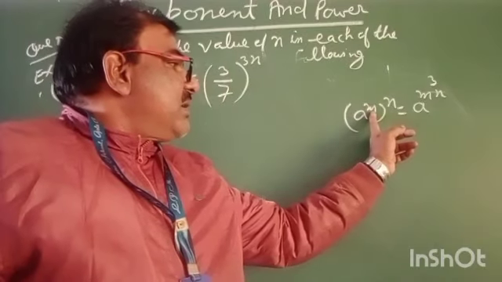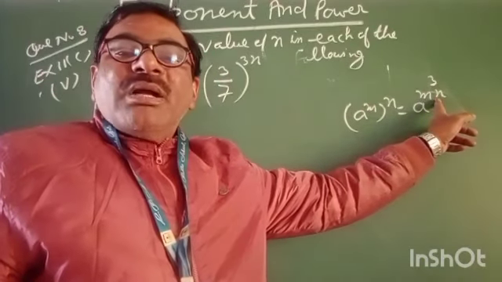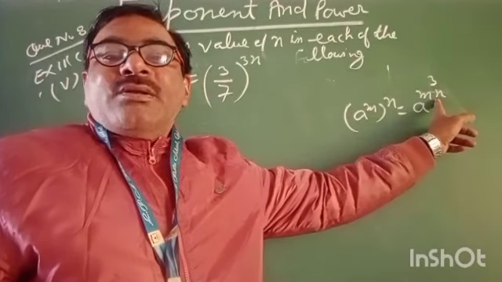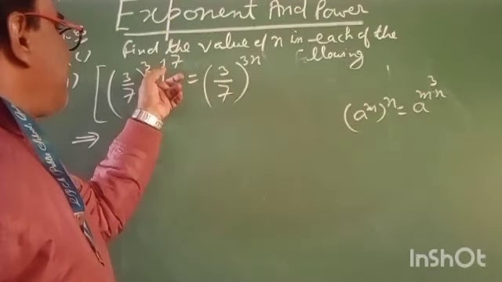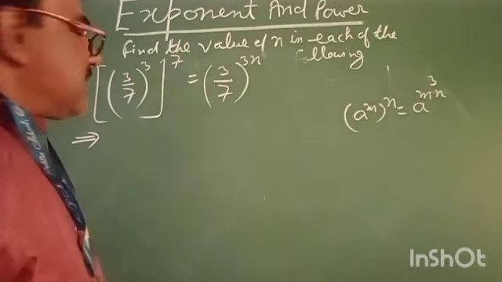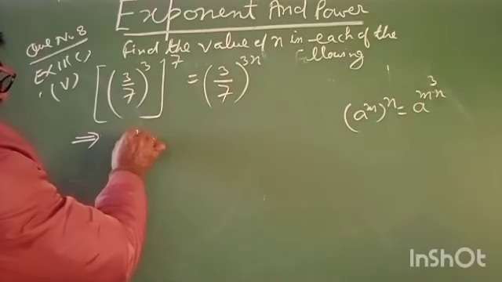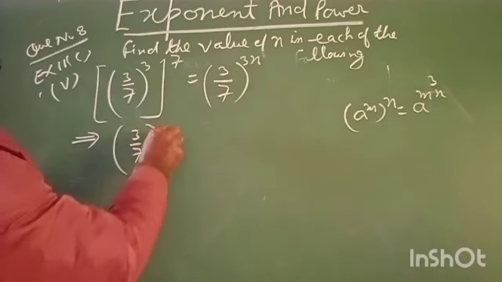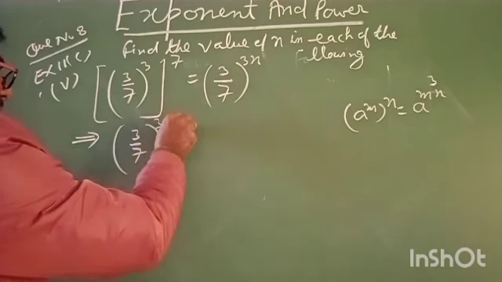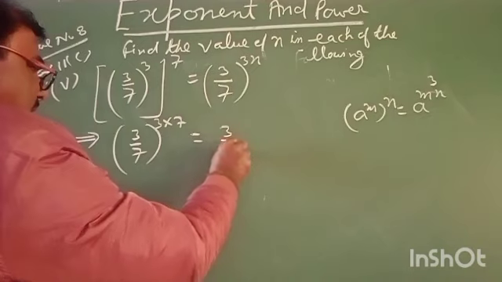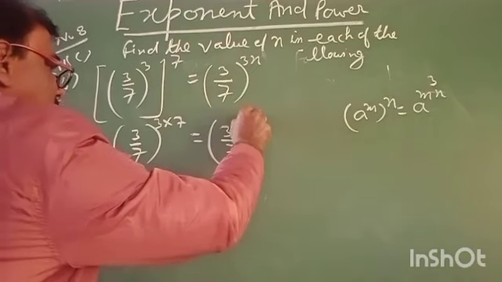Here is the multiplication of m and n, so the multiplication of 3 and 7. So it will be equal to (3/7) to the power 3 times 7, which equals (3/7) to the power 3n.